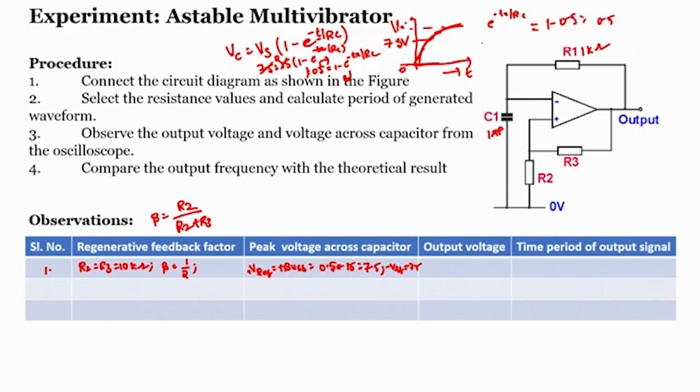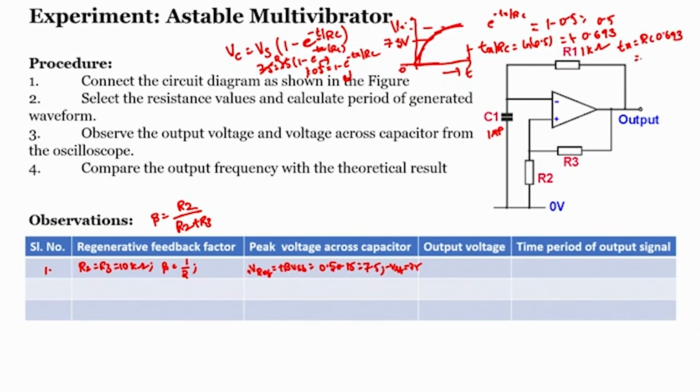So, minus Tx by RC is log 0.5. What is the value of log 0.5? We will calculate it. Log 0.5 is minus 0.693. So, Tx will become RC into 0.693.